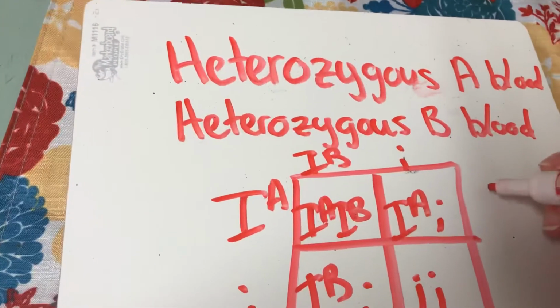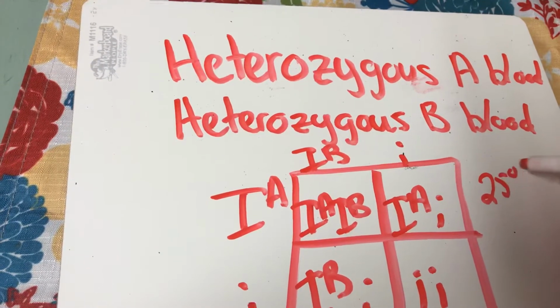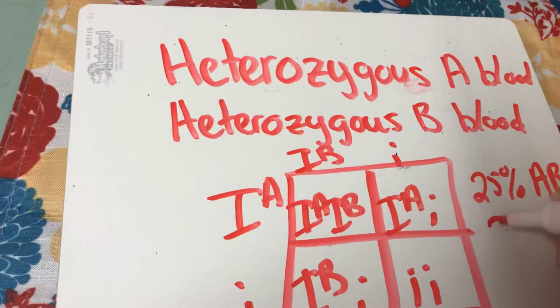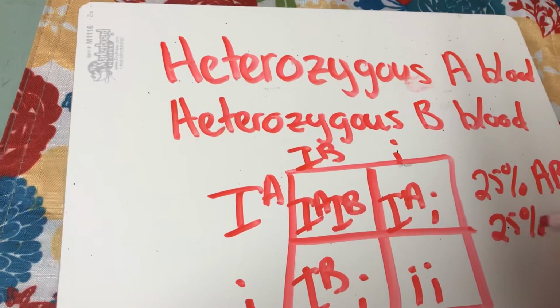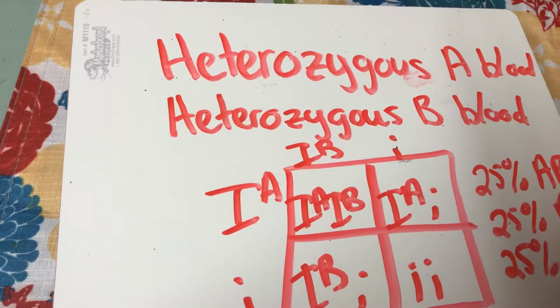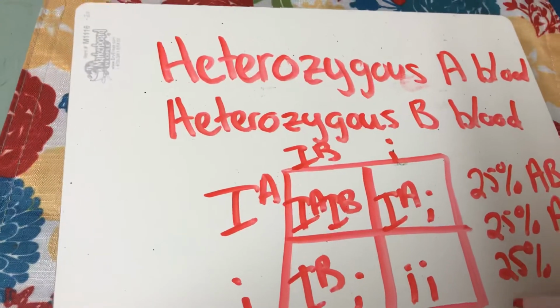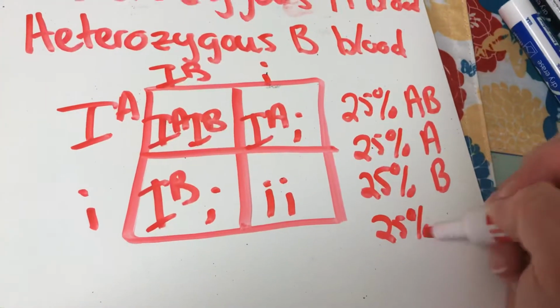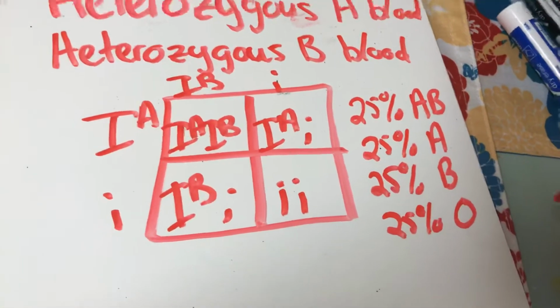So the options, we could be 25% AB blood, 25% A, 25% B, and then my last square here would be 25% O blood.